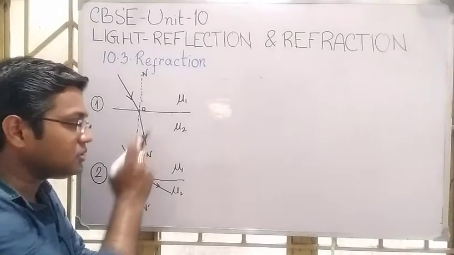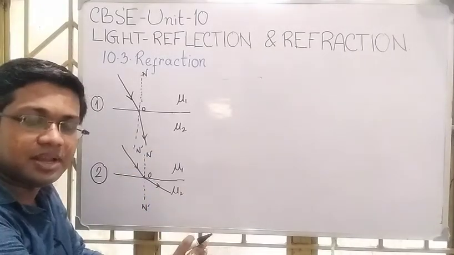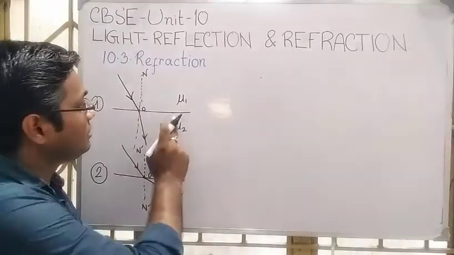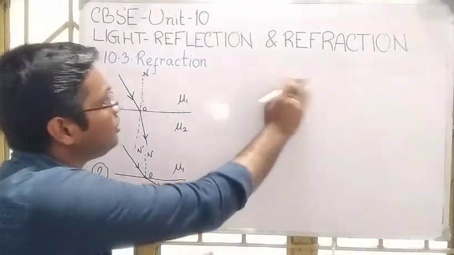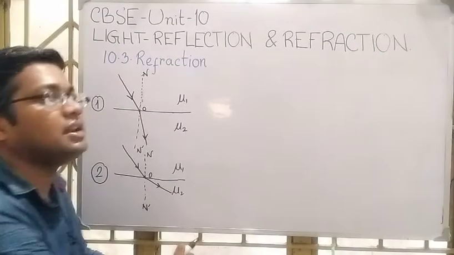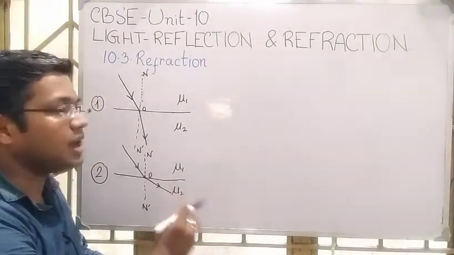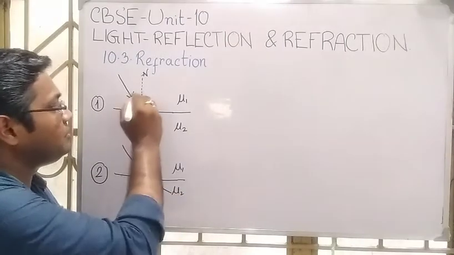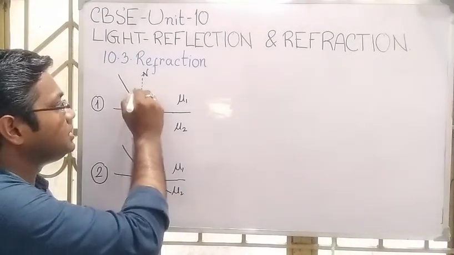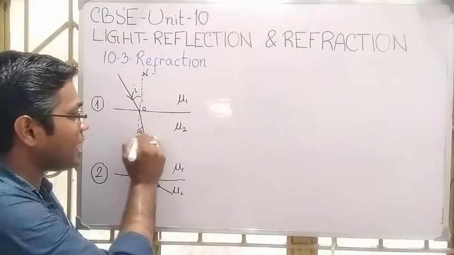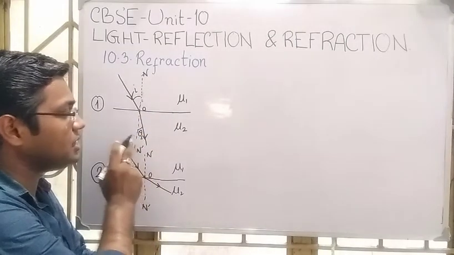When these two things happen, we are going to see now. And Snell's law of refraction, that is the second law of refraction, we will write in a different way. But before that, this is the angle of incidence and this is the angle of refraction, which I consider as θ1.